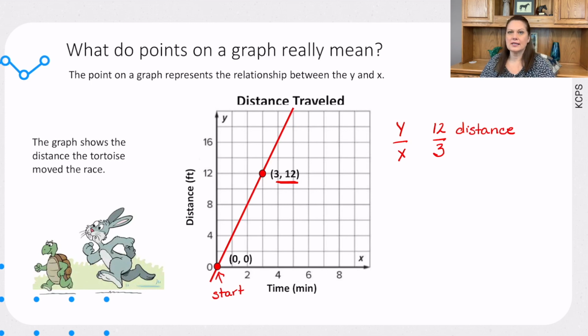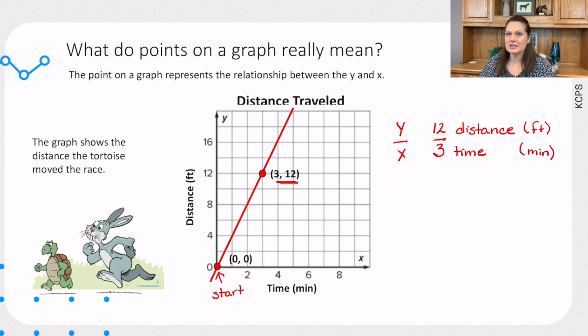Now, you don't want to say distance per time. You really want to use the units that they're talking about. So my distance is in feet, and my time is in minutes. So when I say 12, I'm going to use the label feet, and when I say 3, I'm going to use the label minutes. Remember that fraction bar means per, so I'm going to say 12 feet per 3 minutes.